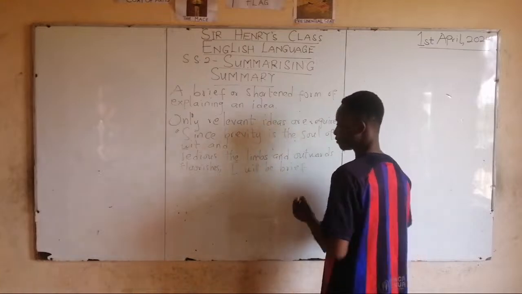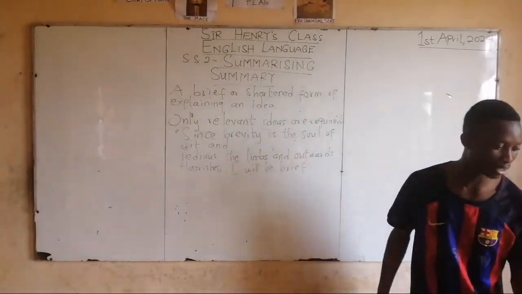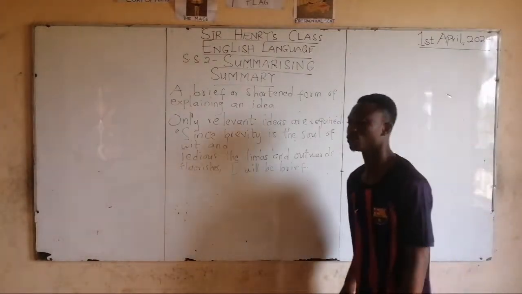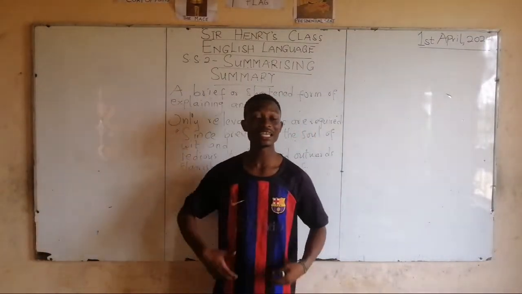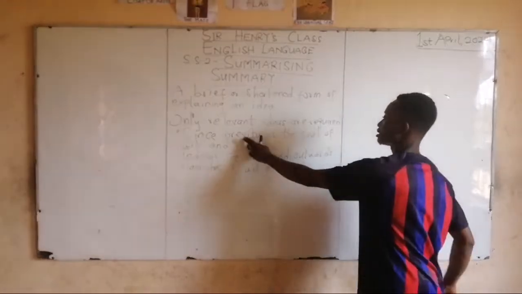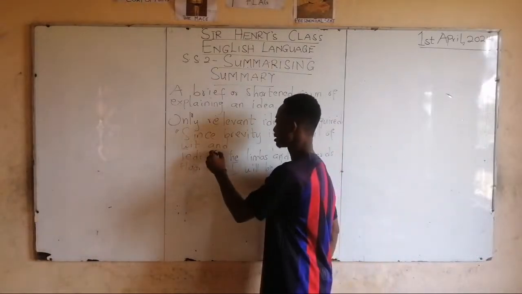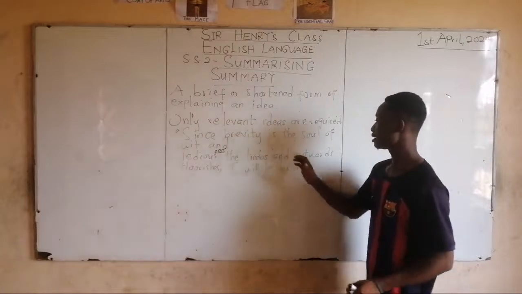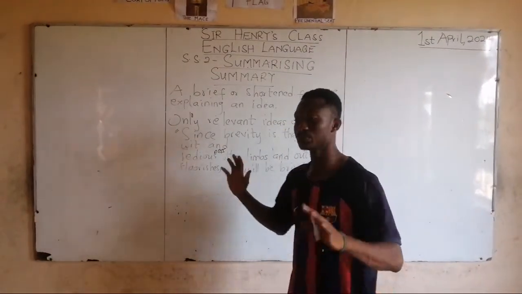So what was Shakespeare trying to talk about? He said that as a human being, as an individual, you need to be brief in your sayings, in your thoughts, in everything. So he says, since brevity is the soul of wit and tediousness the limbs and outward flourishes, I will be brief.